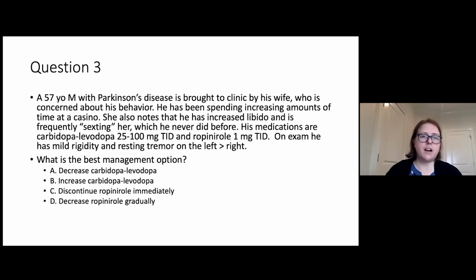His medications are carbidopa-levodopa 25-100 three times a day, and ropinirole 1 mg three times a day. On exam, he has mild rigidity and resting tremor, left greater than right. So what is the best management option here? A, decrease carbidopa-levodopa; B, increase carbidopa-levodopa; C, discontinue ropinirole immediately; or D, decrease ropinirole gradually.